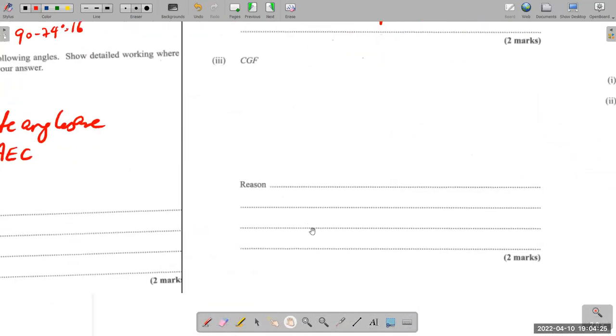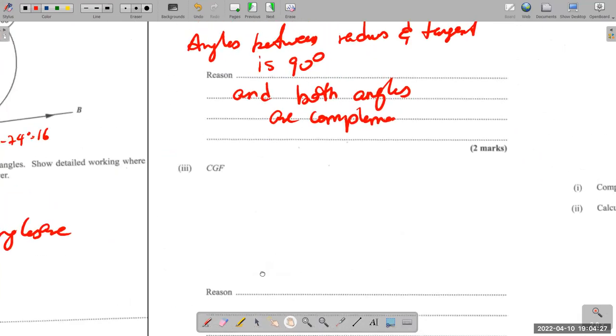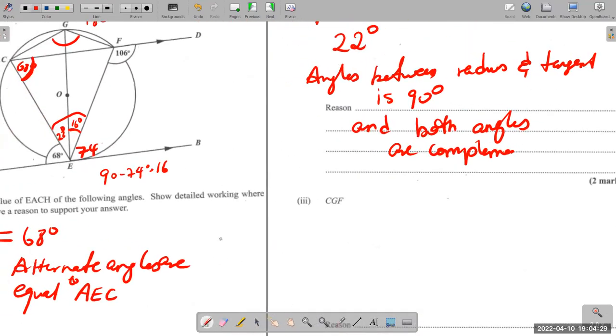Now, how do you write that down? You realize all the space you have? First thing, what's the first thing we found? We found angle FEB. So write it down. Angle FEB is equal to 180 minus 106. Every angle you find, just show your working. That's a form of explanation.